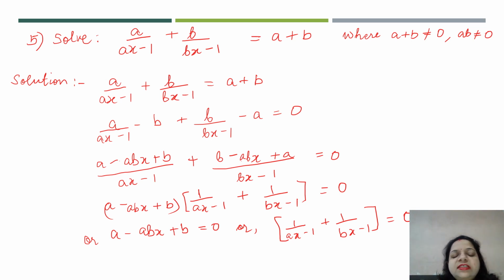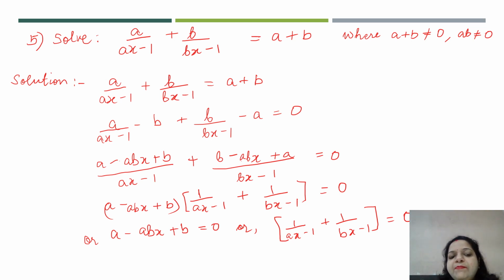So firstly what we do, we bring a plus b from the right hand side to the left hand side. We subtract b from a upon ax minus 1 and a from b upon bx minus 1 too.